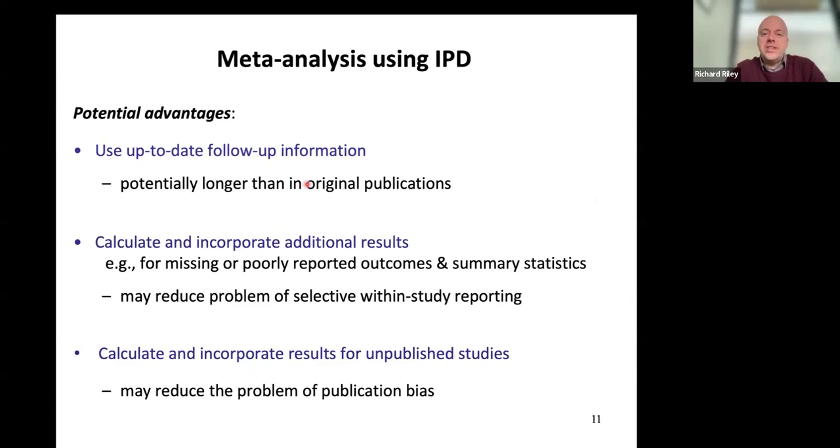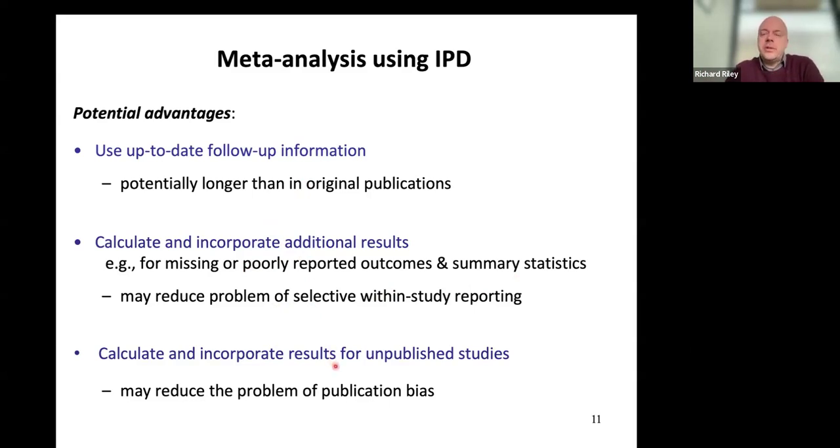Of course, one of the big challenges with the standard meta-analysis is trying to get results from studies that we want. So if outcomes are not reported or summary statistics, for example, hazard ratios are not reported, we can derive them ourselves because we've got the raw data. So this may reduce problems of selective reporting within studies, for example, selective outcome reporting.